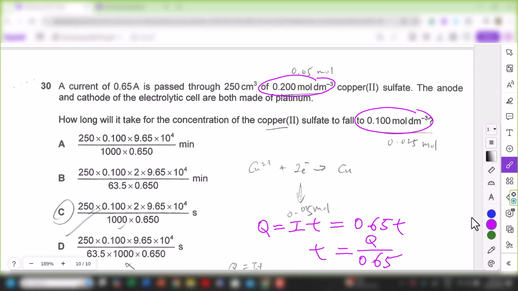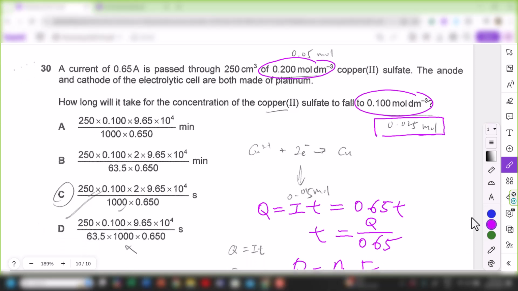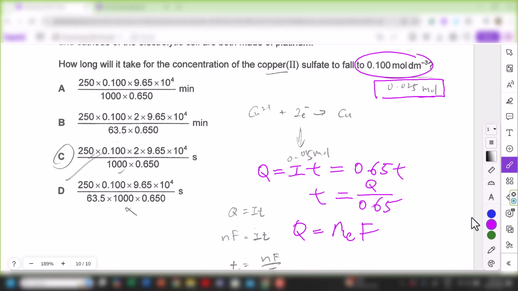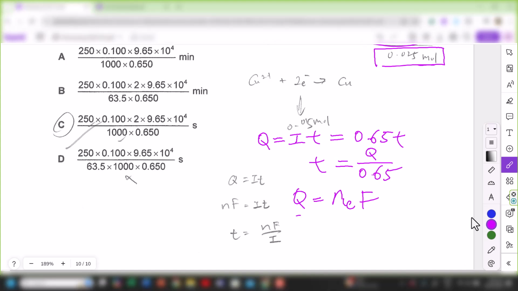The change in concentration is 0.1, and we have 250 cubic centimeters, so that will be 0.025 moles. Notice that all the options don't give you the value; what they gave you was some sort of a calculation. That makes your life easier, because you know that Q equals the number of moles of electrons transferred times Faraday.